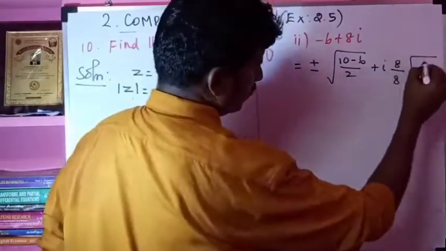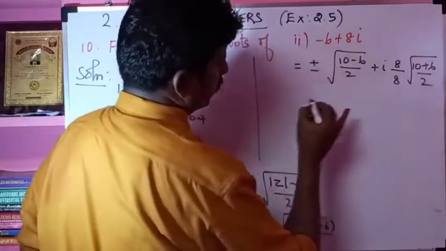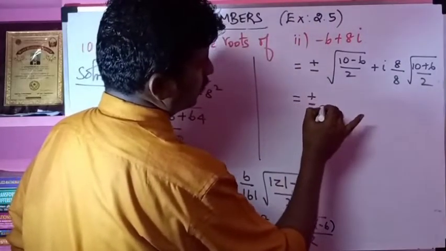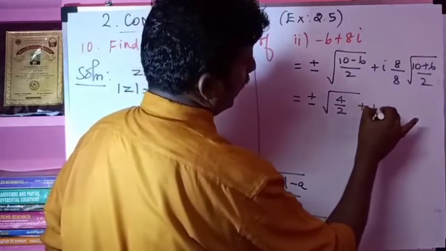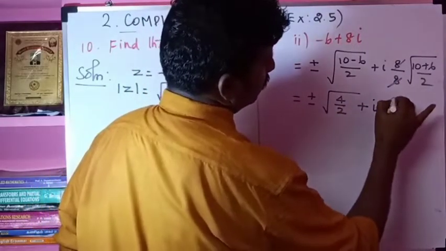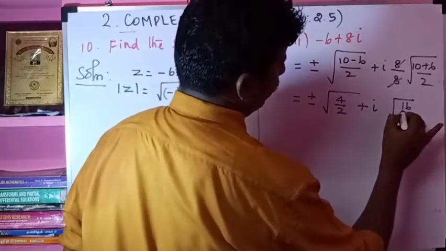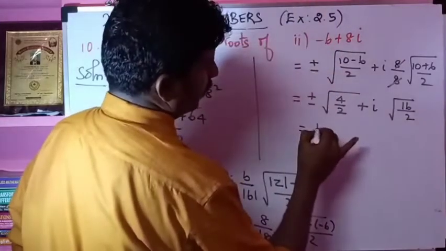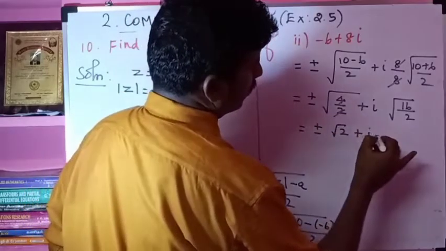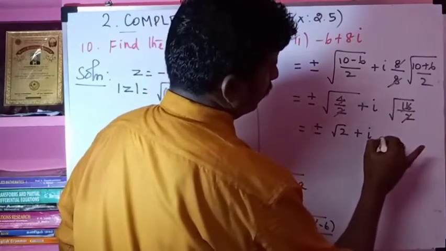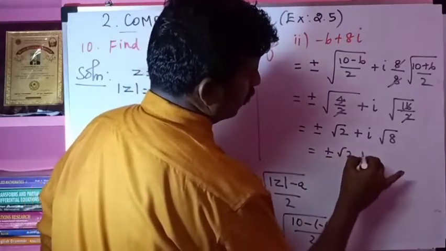The root, which is 10 plus 6 by 2, is equal to plus or minus root 10 minus 6, 4 by 2 plus i, which is cancel. This is 10 plus 6, which is what? The 16 by 2. This can be written as cancel, root 2 plus i, which is 8, root 8. So this is plus or minus root 2 plus i.